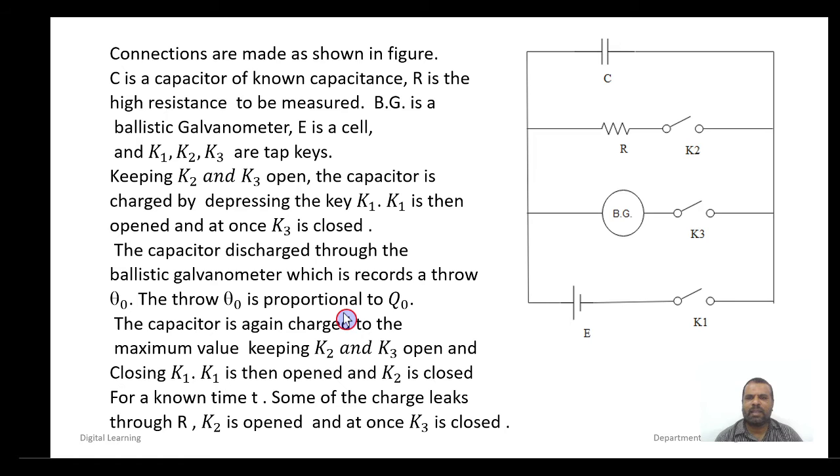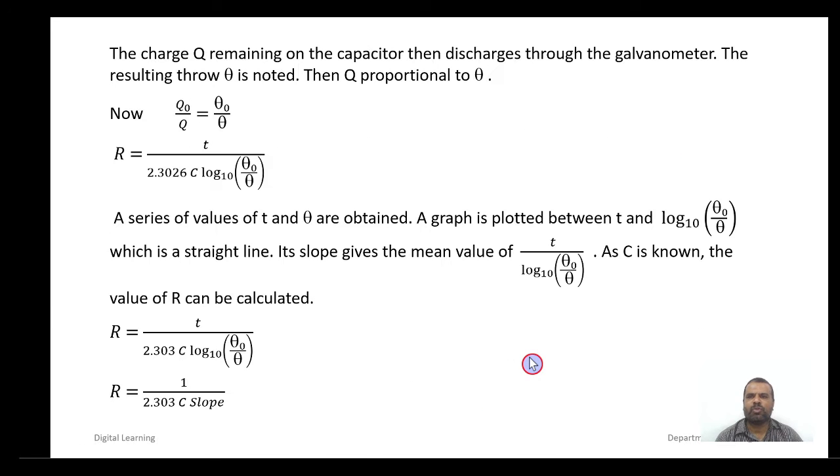The capacitor is again charged to the maximum value, keeping K2 and K3 open and closing K1. K1 is then opened and K2 is closed for a known time t. Some of the charge leaks through R. K2 is opened and at once K3 is closed.